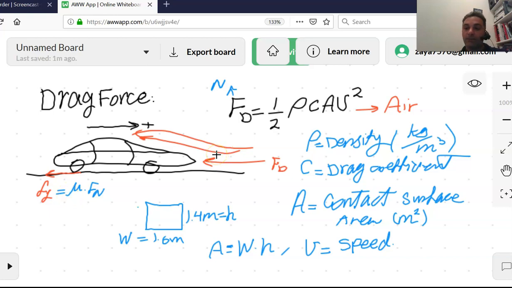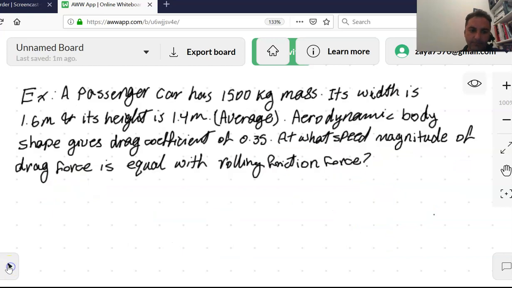Okay, let's do one example. The example says this: a passenger car has 1500 kilogram mass. So I'm talking about the average mass of a passenger car, which is between 1400 and, depending, 1700, 1800 kilograms. So it's not in pounds, it's in kilograms. Its mass, its weight.